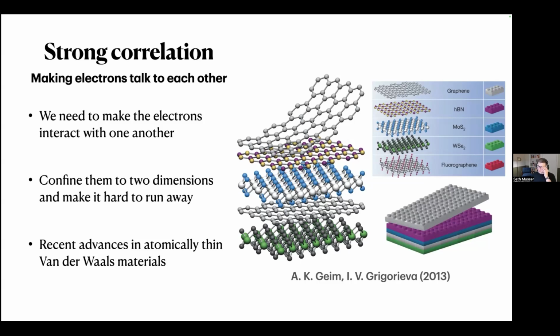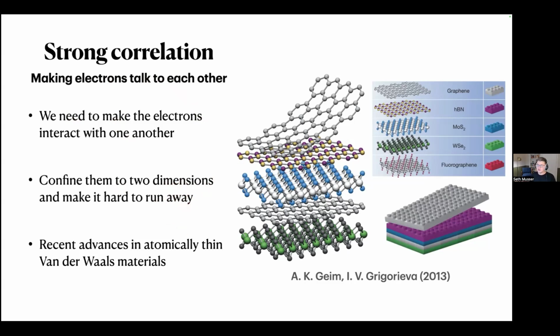I myself, and probably many of you, like to think about strongly correlated electron systems where electrons talk strongly to one another. To make the electrons interact, it's often helpful to confine them to two dimensions where it's hard for them to run away.